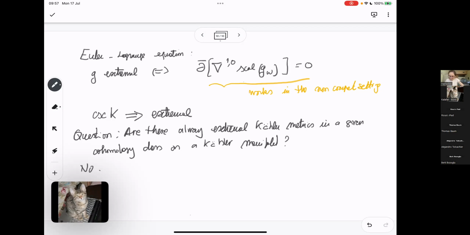but actually we know quite a lot more. What we know in many cases, but I think in full generality it's still a conjecture, is that there is a way to test whether there exist extremal Kähler metrics. So suppose you have a Kähler manifold.